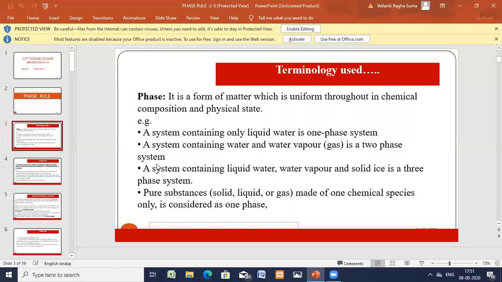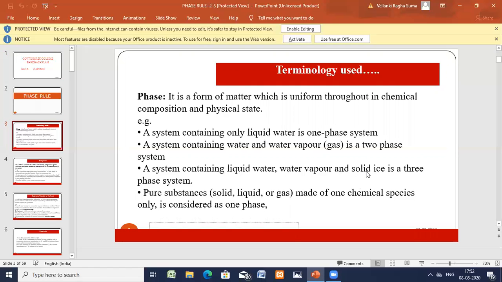Now we'll go further, another system. It has water, water vapor and ice. Water is in the liquid state, water vapor is in the gaseous state, and ice is in the solid state. So totally you have three states of matter, that is liquid water, water vapor and solid ice.